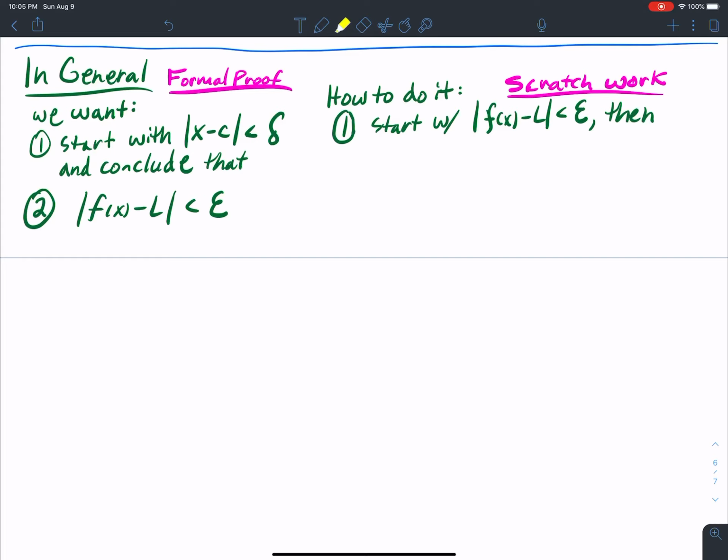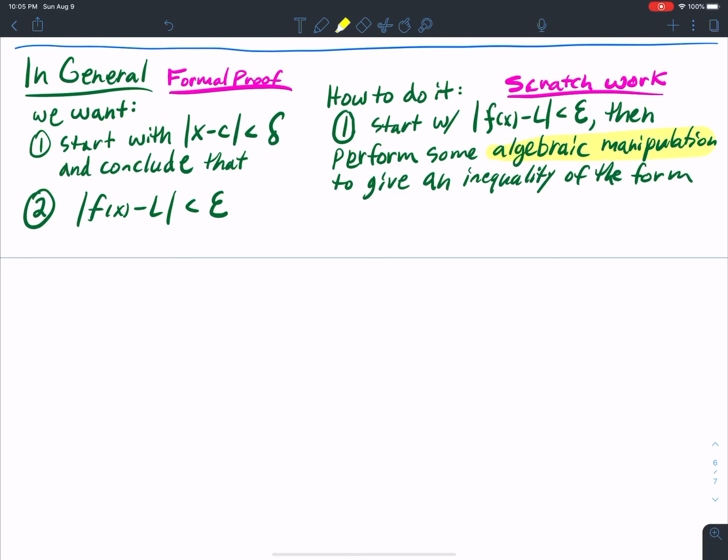So you start with the conclusion, the absolute value of f of x minus L. So you take the function, whatever it is, x squared, 3x plus 1, whatever, and then minus the limit, what it equals when you take the limit, in absolute value less than epsilon. And then you perform some algebraic manipulation to give the inequality in the form of x minus c.